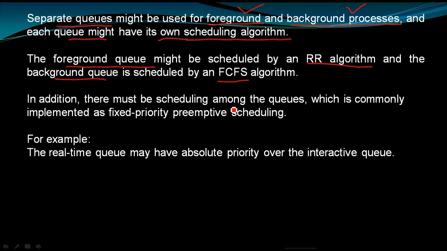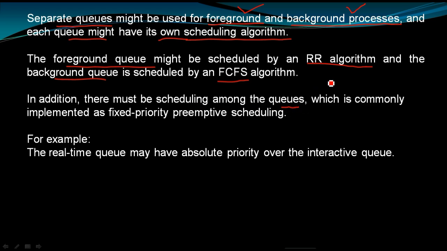There must also be scheduling among the queues, which is commonly implemented as fixed priority preemptive scheduling. Assume the higher priority processes are foreground processes and the lower priority processes are background processes.